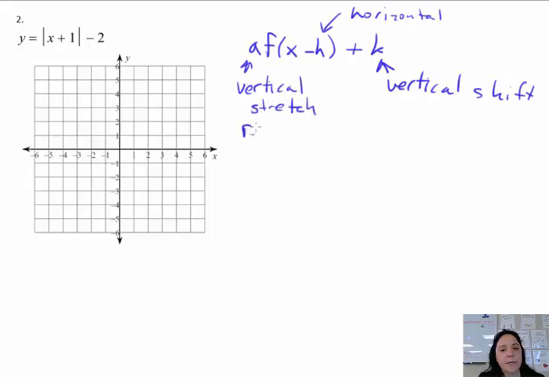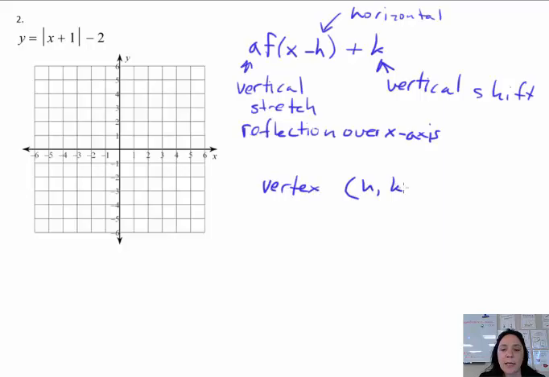And the sign of a gives us reflection over the x-axis. And since we are not considering any horizontal stretch, then the vertex will be h, k. In the case of horizontal stretch, then we have to solve for the vertex differently.